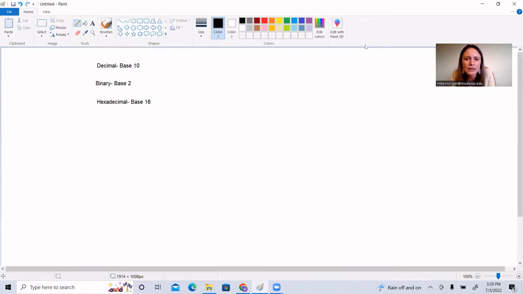They said, okay, well, we can use 4 binary numbers, and we could represent it in one single hexadecimal value. The reason we can group things together like that is because 2 to the power of 4 is equal to 16.